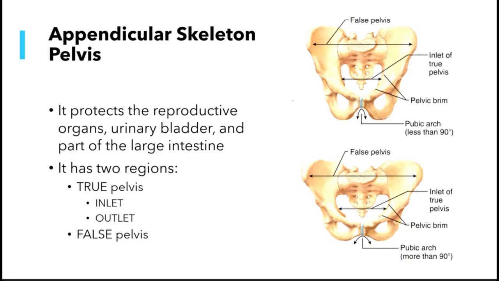So you have the inlet and outlet in the true pelvis. The inlet is the superior opening, while the outlet is the inferior opening. Your inlet is a critical part of your pelvis, and it is carefully measured by the obstetrician to know whether the head of the infant would pass through successfully.